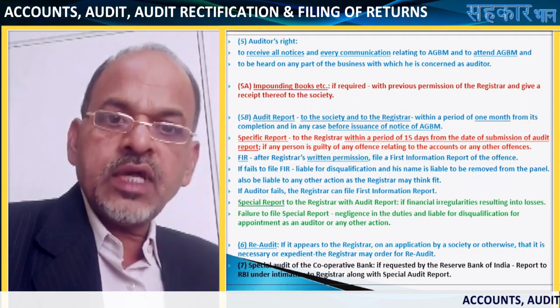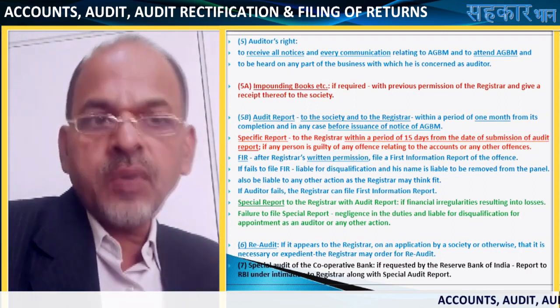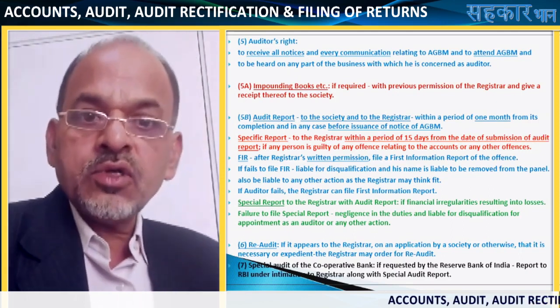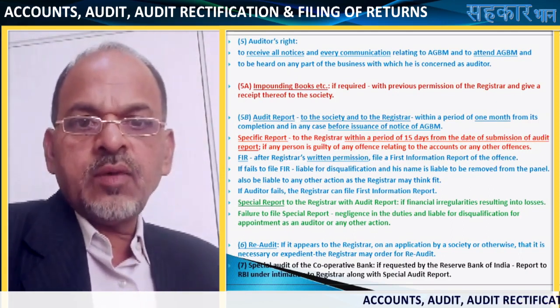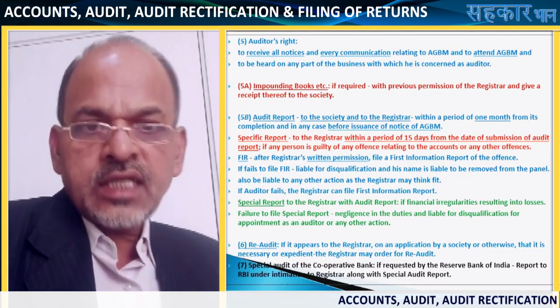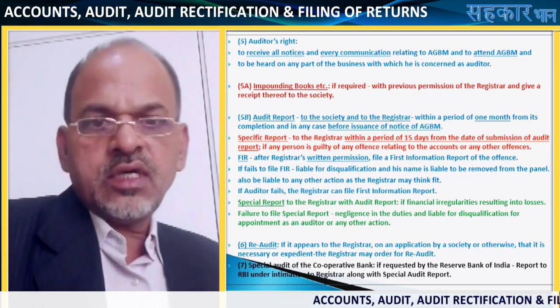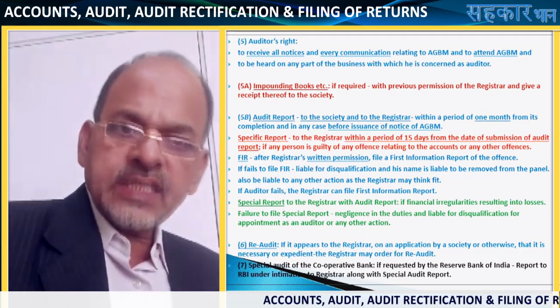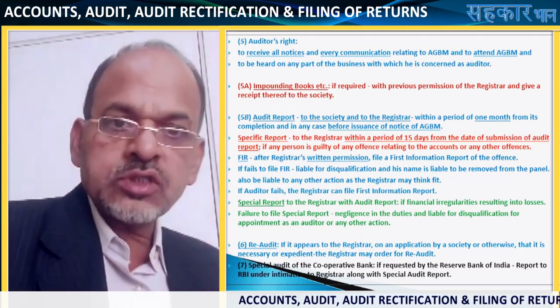Impounding means seize. He can take the custody of the books in his possession, and when he takes possession, he impounds the books and registers of the society. He will have to give a receipt to the society about which books he has taken in his custody.